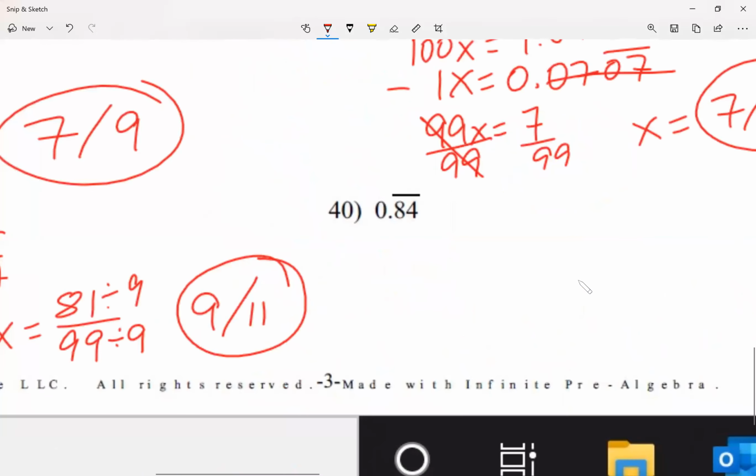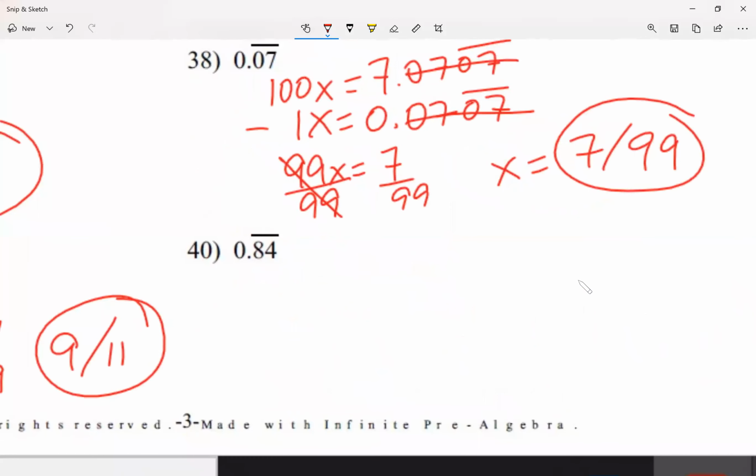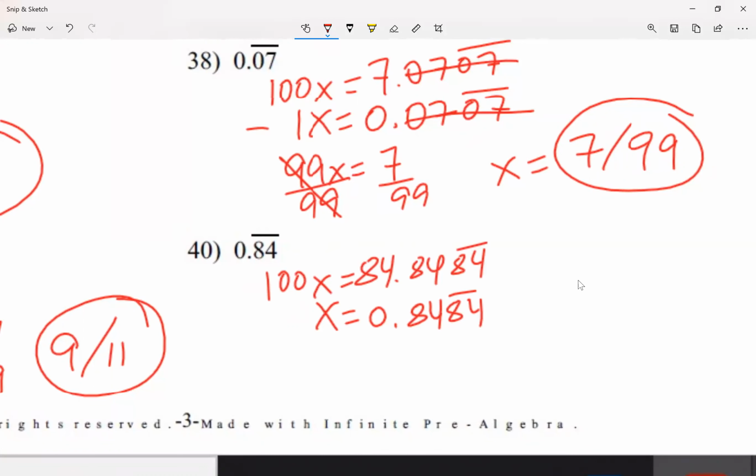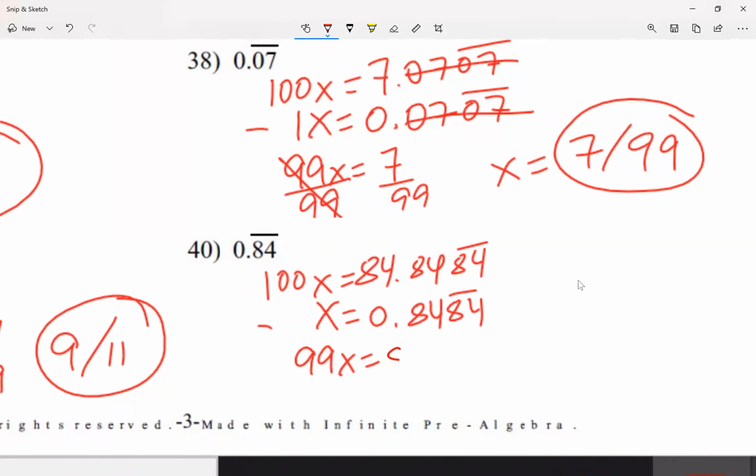All right, let's take a look at our last example for today. I'm going to say that 1x is equal to 0.848484, on and on. 100x is equal to 84.848484, on and on. Let me subtract both sides, so I get that 99x is equal to 84. Let me divide both sides by 99.